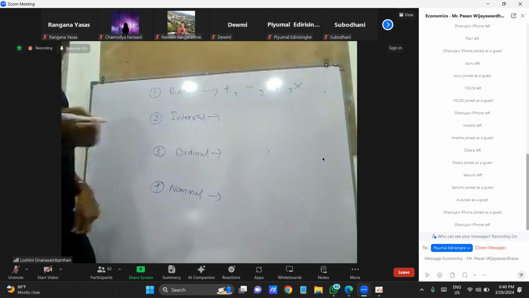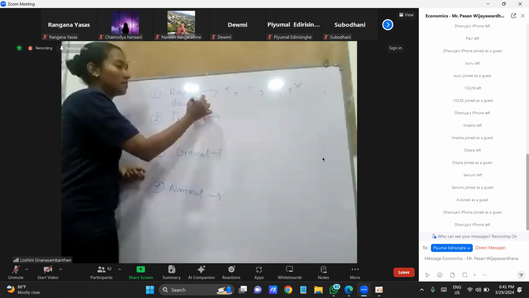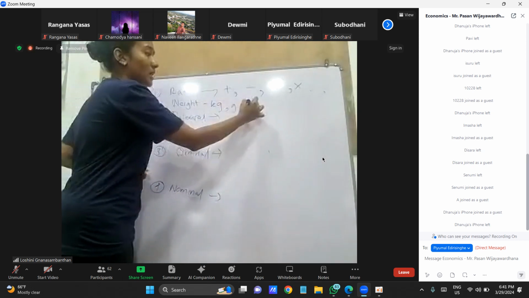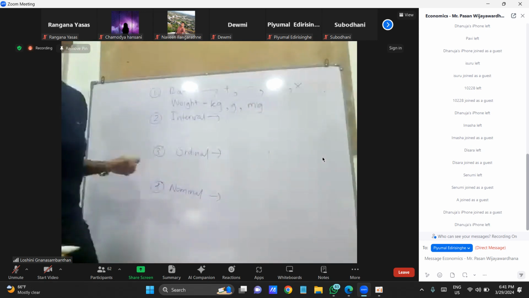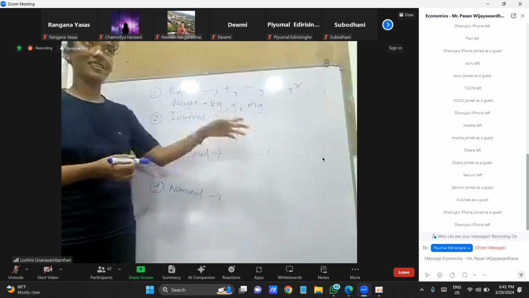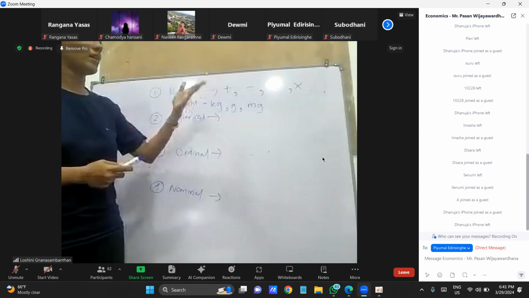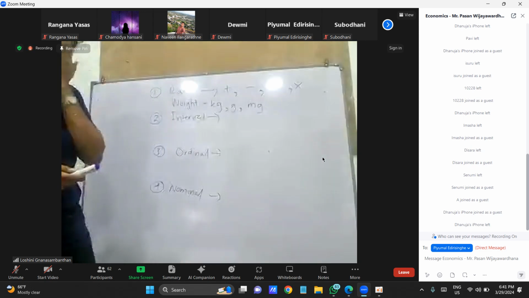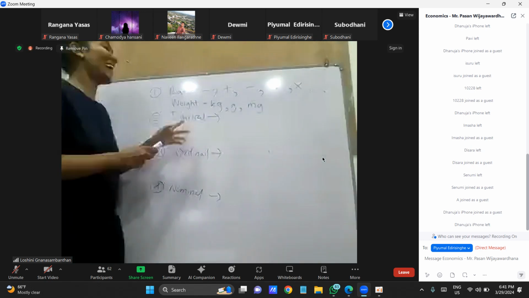For example, take weight. Weight comes in kilograms, grams, so it comes in a lot of forms, but you can do divisions and multiplications from kilograms, right?